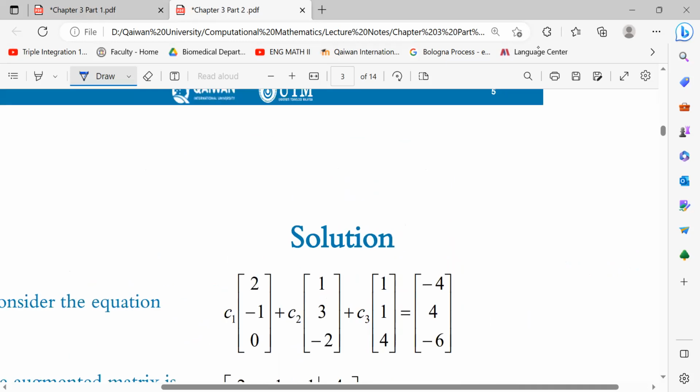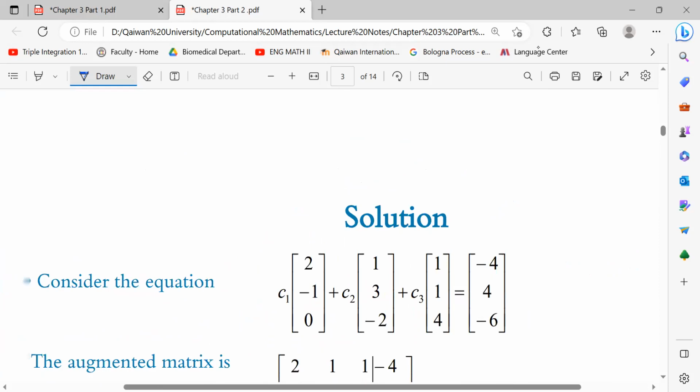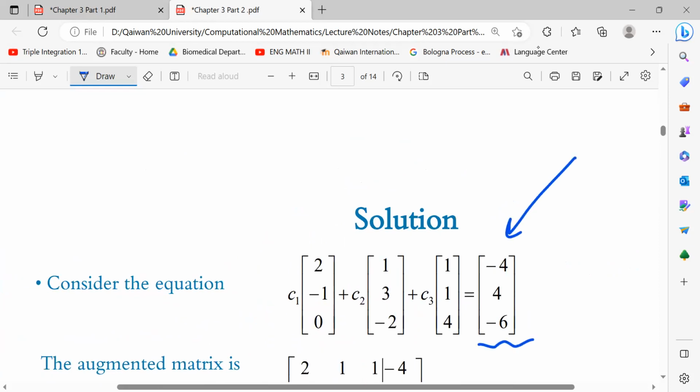So what do we do? Here, this is V1, this is V2, this is V3, and this is V. That's what we write down above. It asks whether this vector V could be written as the linear combination of these, or is V in the span of these three vectors or not? Here it's asking about span.